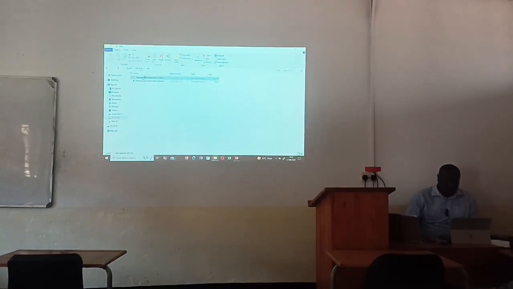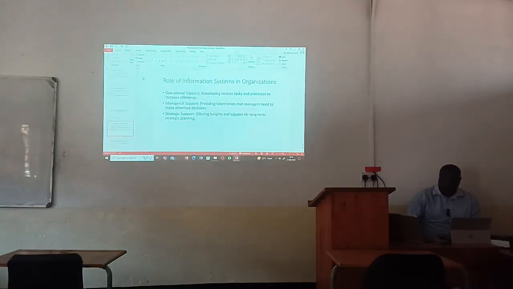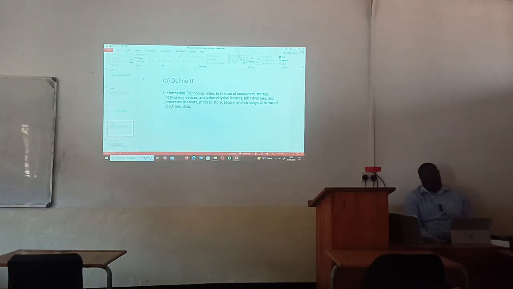The use of computers, storage. The use of information technology.